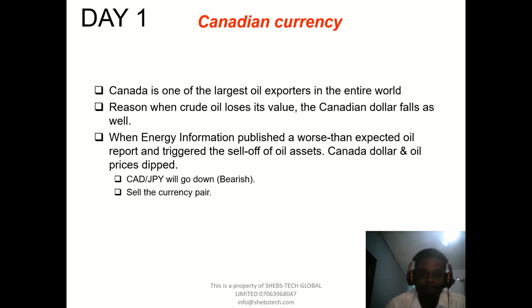There are economic calendars where they display the previous value or previous data, forecast, and actual. Wherever the actual is better or greater than the forecast, it's good for the currency, and definitely that currency pair will appreciate.